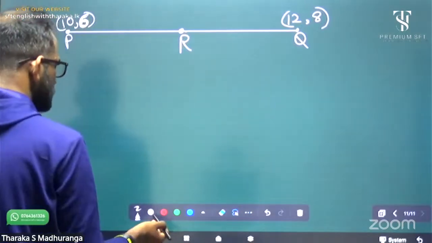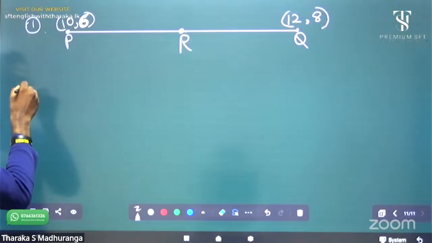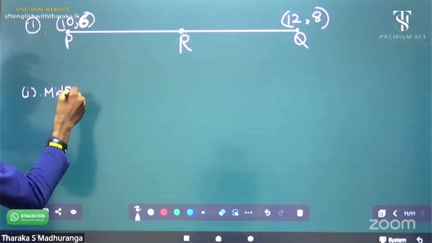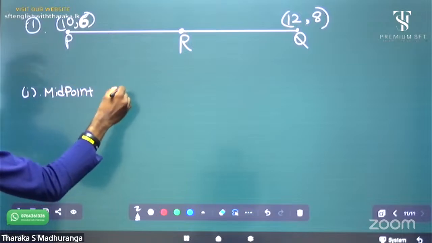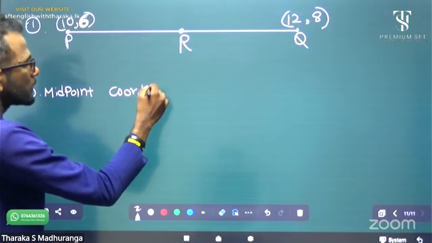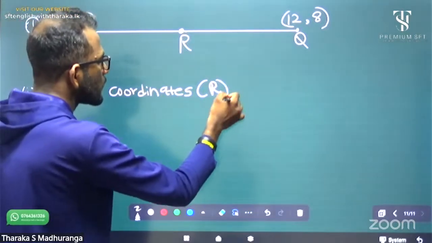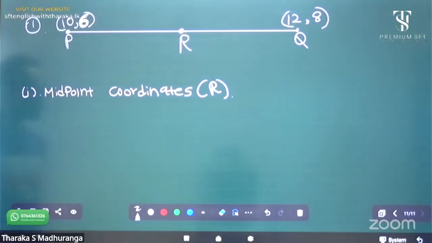Okay. The first question: calculate the midpoint coordinates, which means the R point coordinates.